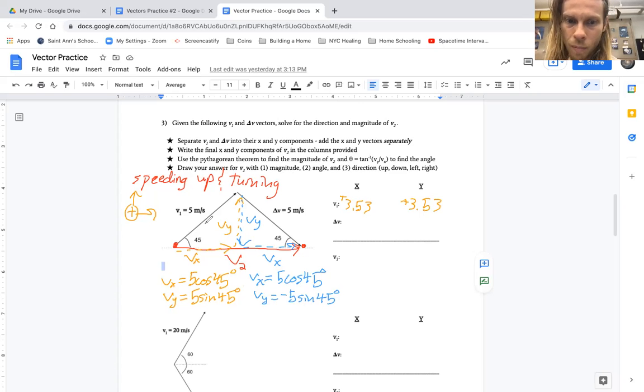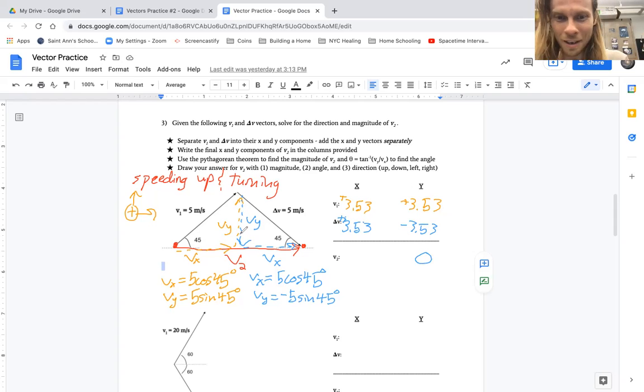So that's the whole point. Positive is up, positive is right. So V1 is positive, positive, but for delta V, it's to the right for X, so that's positive 3.53, and negative 3.53 for Y. Notice in the picture, the up cancels the down, so you get 0. The numbers should correspond to what's happening in the picture.